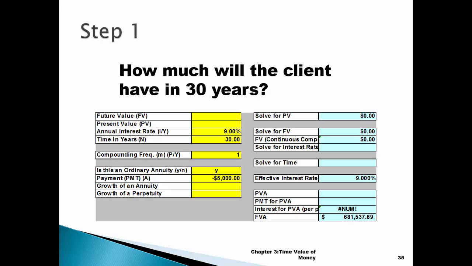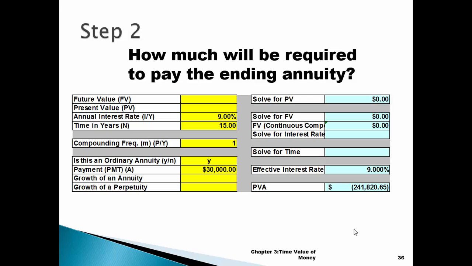Well, if he invests $5,000 a year for 30 years at 9%, at the end of 30 years, he'd have $681,537. Well, he wants to have an annuity of $30,000 a year for 15 years, and again, interest rate's 9%.